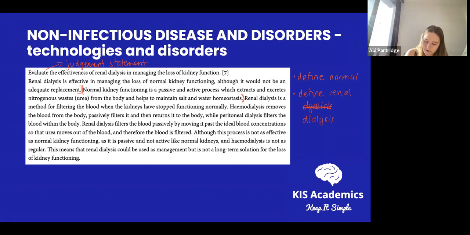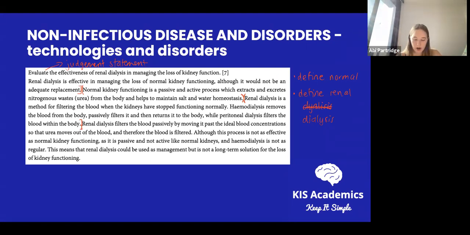So that's defining the normal kidney functioning and then defining the renal dialysis. So it's got a sentence just generally about renal dialysis, and then it goes into hemodialysis and peritoneal dialysis in just the one sentence. So you're just trying to outline the main differences between hemodialysis and peritoneal dialysis and just jot down the points that you might need to refer to later.